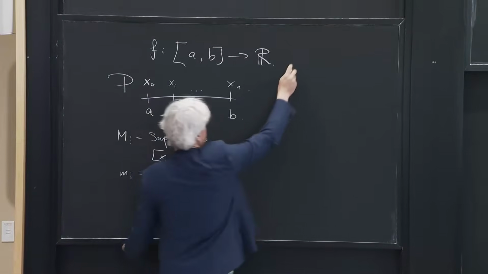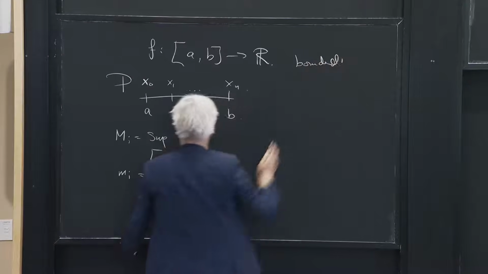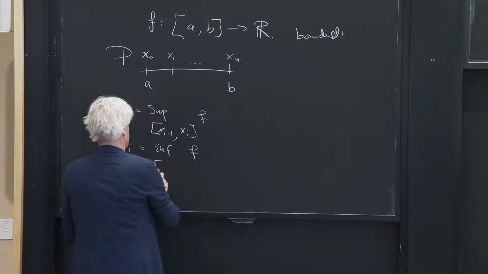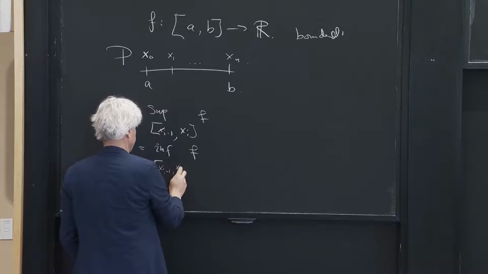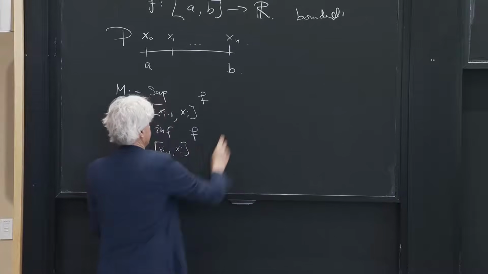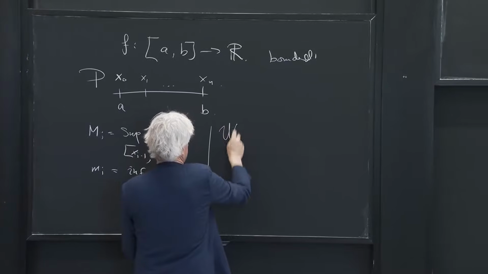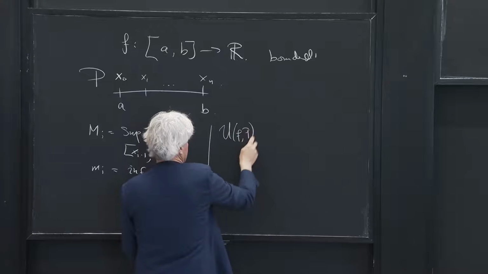F here was bounded again. And inf on the same interval, x_{i-1} to x_i. And then we looked at the upper and the lower sum with respect to this partition.